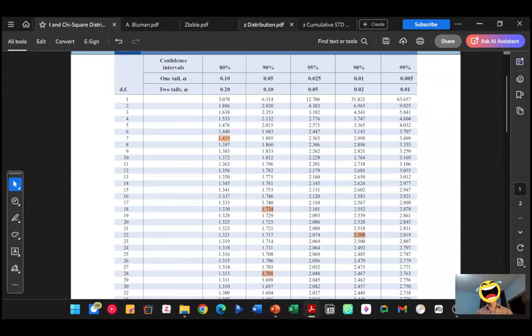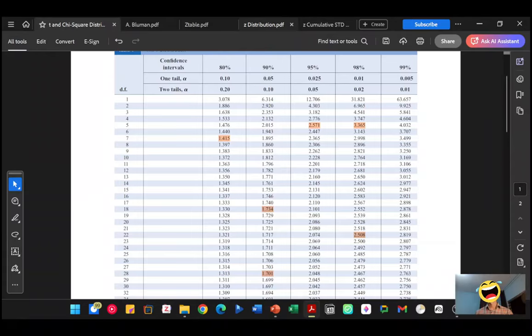So we have here, and it is 2 tailed. And the value is 2.983. It's between here and here. That is the row for degrees of freedom of 5, and 2.983 is between these values.